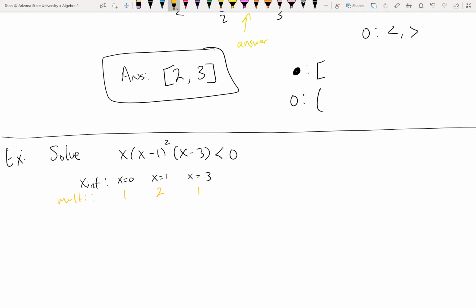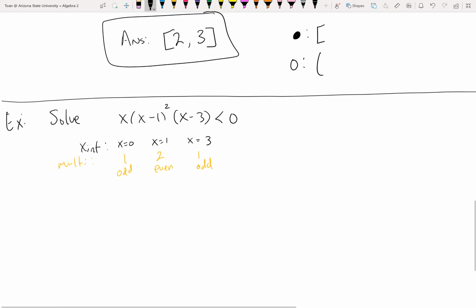Again, I don't really care about the numbers. All I care about is if it's odd or even. So now I need to find my end behavior, so I need my leading term. My leading term is multiplying out all the front bits.